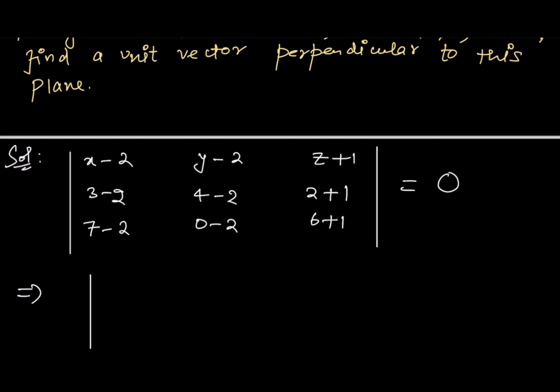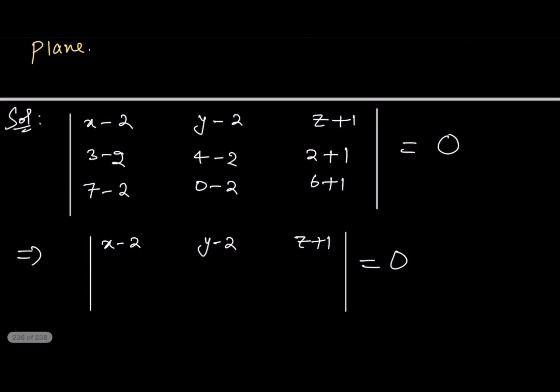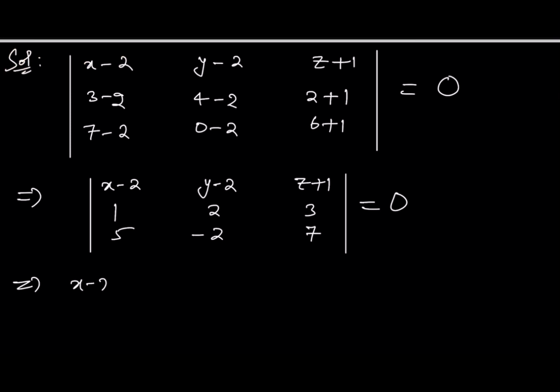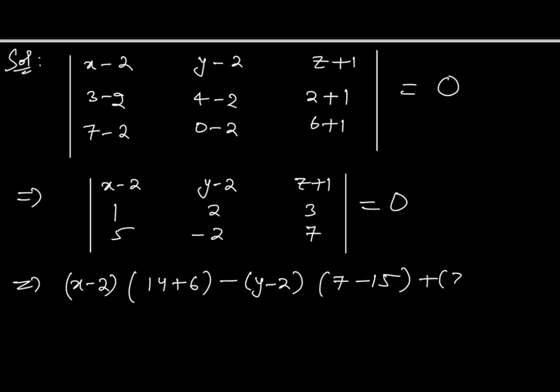The determinant of x minus 2, y minus 2, z plus 1; 1, 2, 3; 5, minus 2, 7. So x minus 2 times (14 plus 6), minus y minus 2 times (7 minus 15), plus z plus 1 times (minus 2 minus 10) equal to 0.